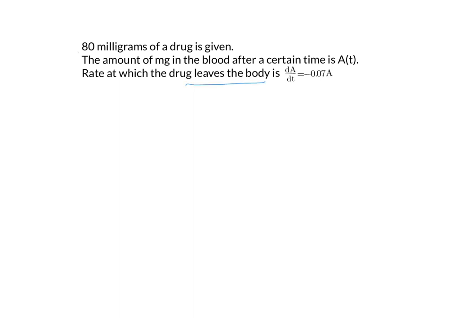So we're starting, our initial amount is 80. The amount of milligrams in the blood after a certain time, so there's the function A of t. So we want to find that A of t. And we know the rate. So we know this differential equation.